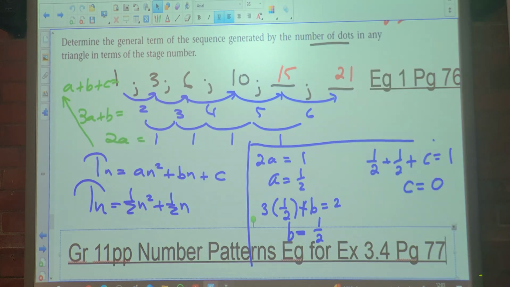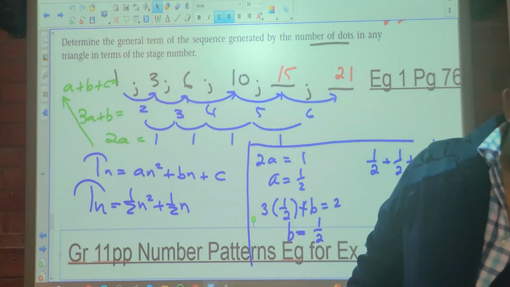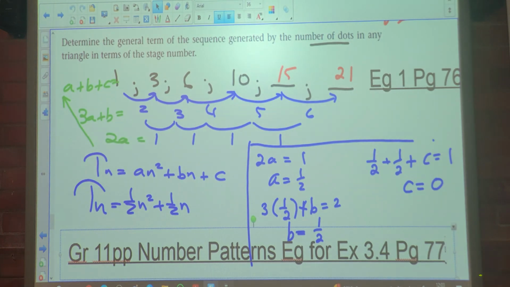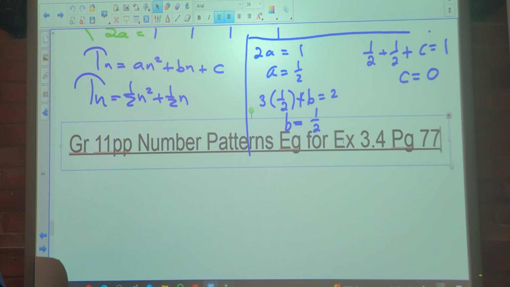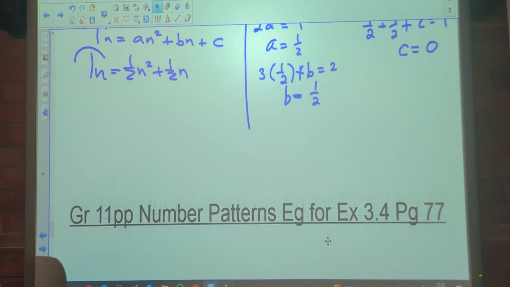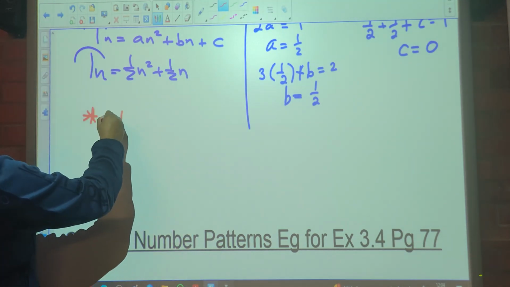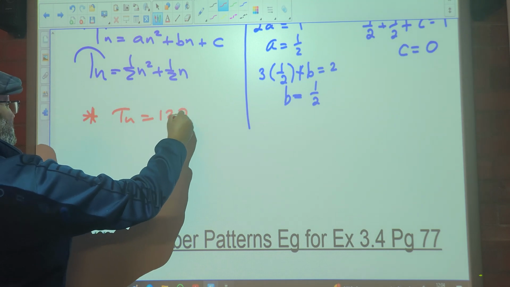If they ask you, and I know we didn't cover a question like this, they could ask you which term of the sequence, or which term number, or which stage number has 1275 dots in it?